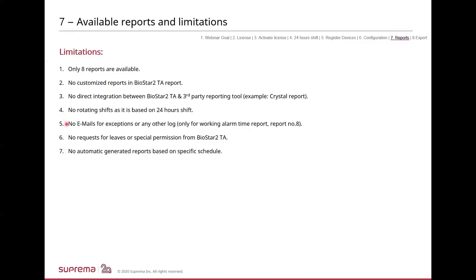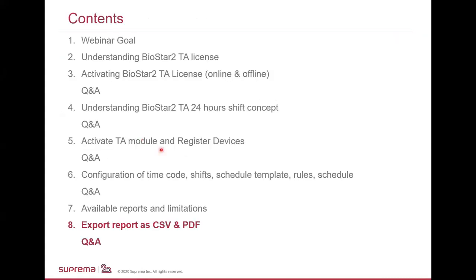Those are the limitations we have in our BioStar 2 time attendance. Please be aware of them before you sell BioStar 2 time attendance to your customer, because if your customer is asking for these features, they are not there and it will not comply, unfortunately. I'm sorry to inform you of these limitations.